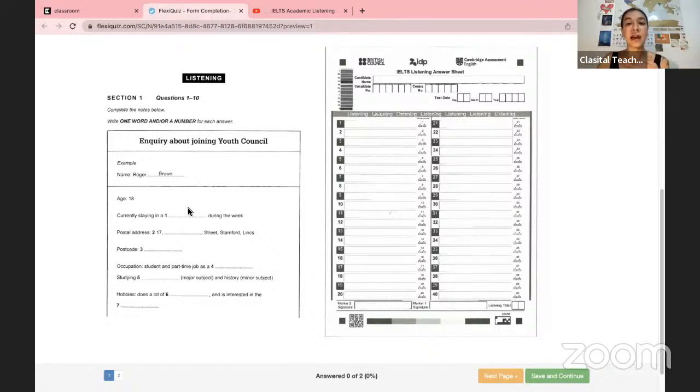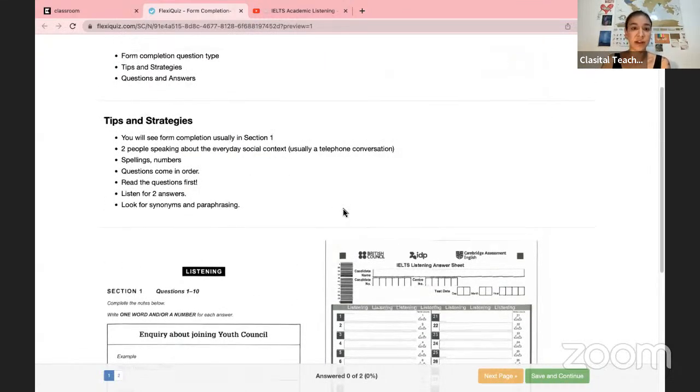Then you will have 10 minutes to transfer your answers to the answer sheet here. If your question number is 1, you should write 1 here. If you are taking the computer-based exam, you will answer them on the screen directly, and you don't have to transfer them anywhere.